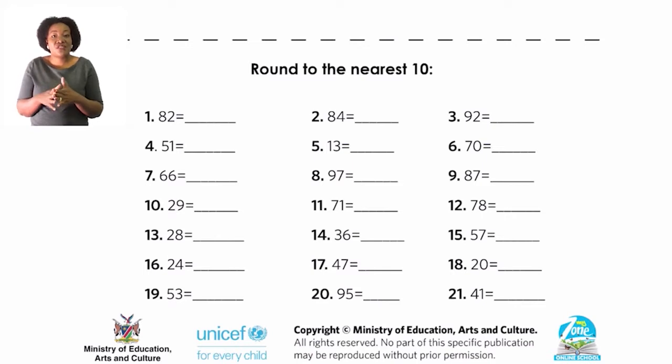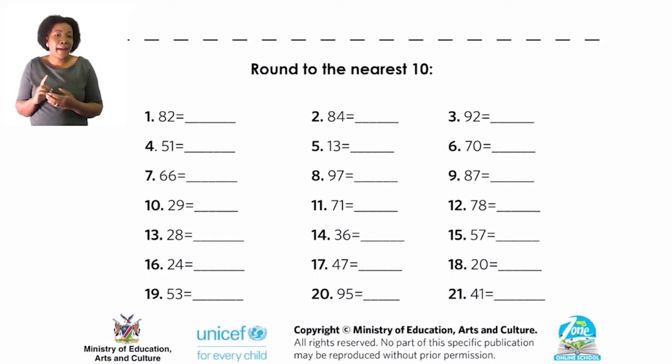Round to the nearest 10. Number 1, it says 82. Now you have to ask yourself, you can even write the tens next to number 82. Between which two tens do you find 82? What do you hear first? You hear 80. So you have to write the number 80 and the next 10, which is going to be 90. Pardon me.